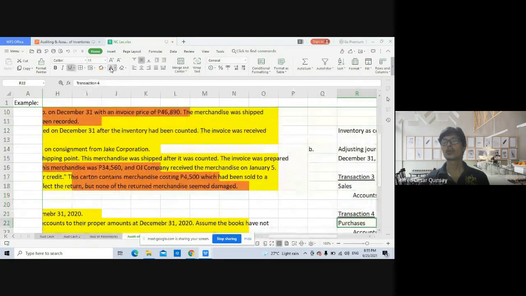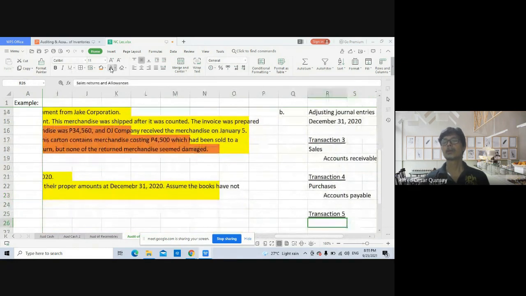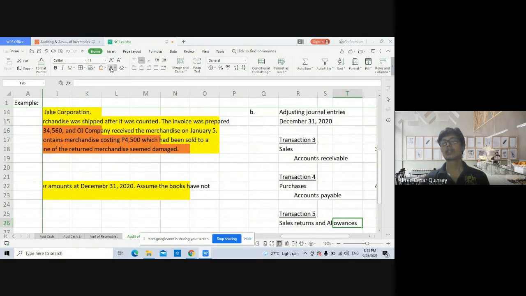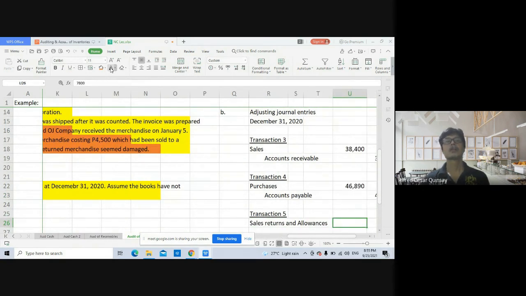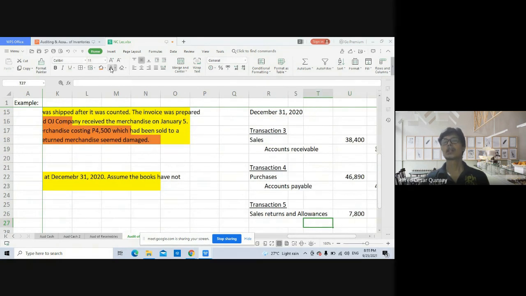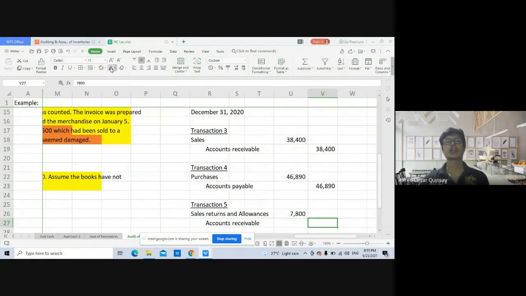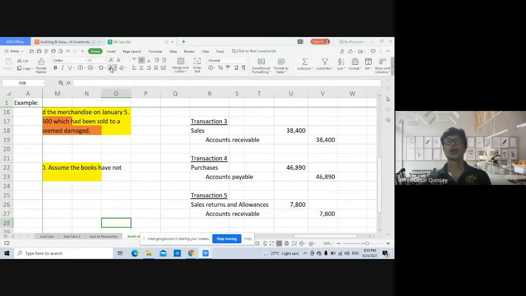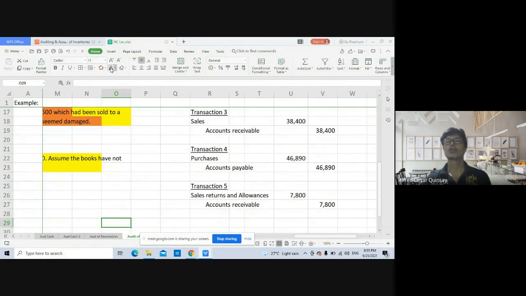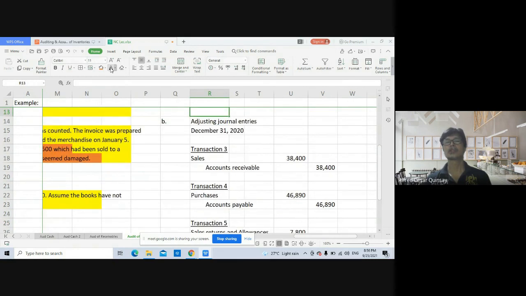Okay, so we're going to take this up as a sales return and allowances as a deduction from the sales for 7,800 and a corresponding deduction of our receivable for 7,800. Okay, so this is the complete adjusting entries for these transactions.